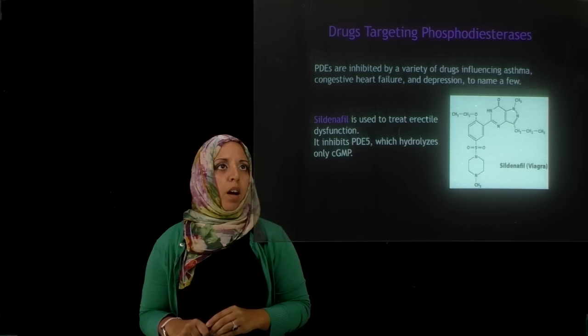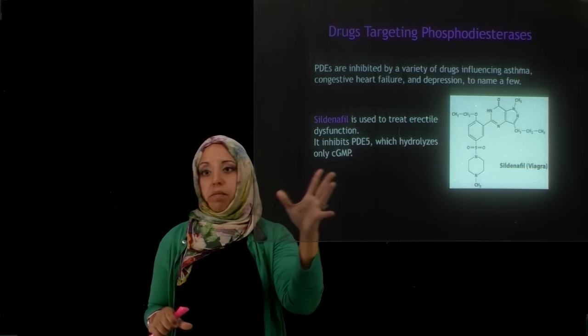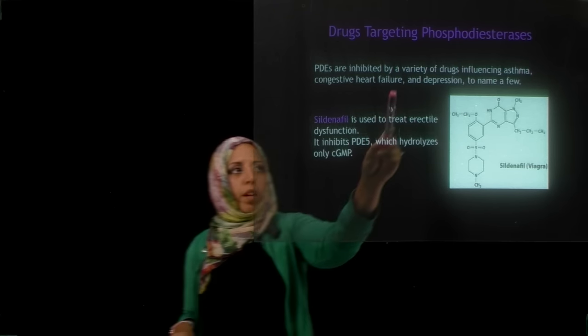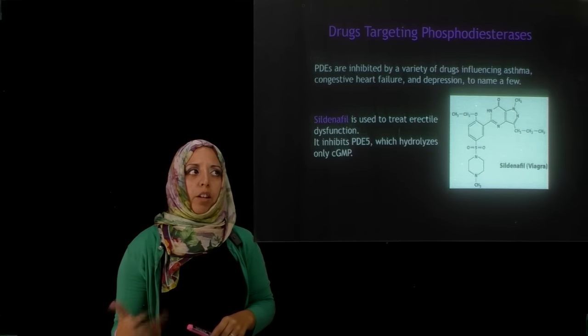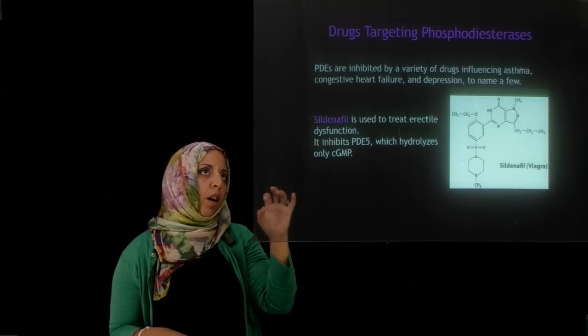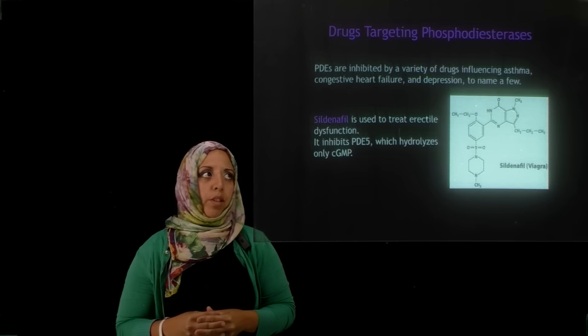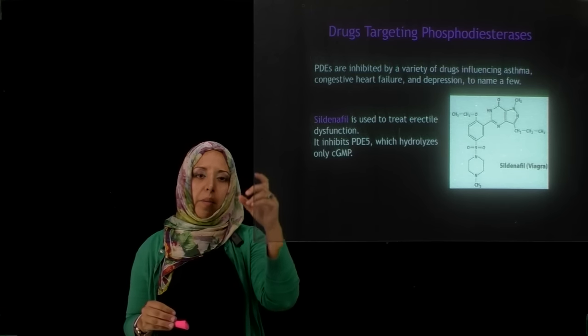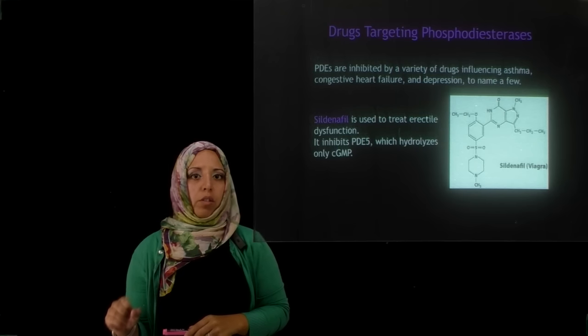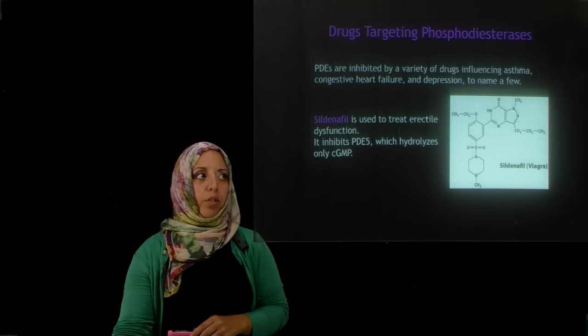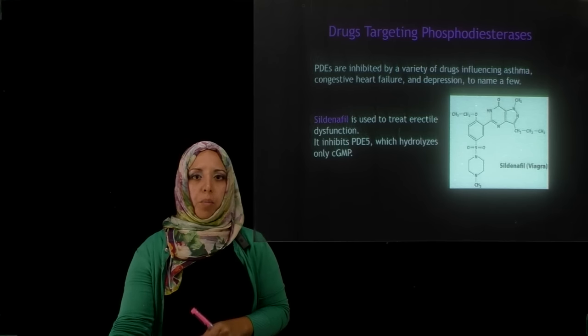They are drug targets for heart failure, for asthma, and for depression, because they can limit the magnitude of the signal that a specific signaling molecule induces upon binding to its receptor. All right, I hope this was helpful.